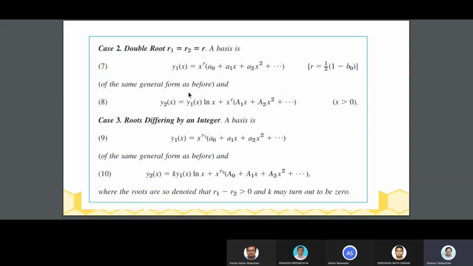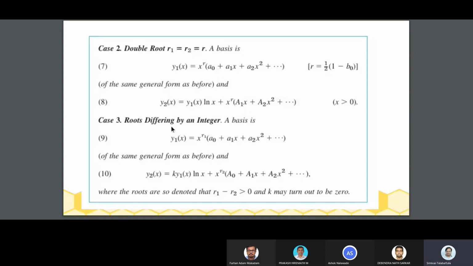So you get another solution y1 into ln x into the same thing. Okay, so see, this is y1 actually. See, 1 plus log x is what you have got. Log x cannot be derived from these other things. So this is the complete solution, y1 plus y2, in terms of y1.